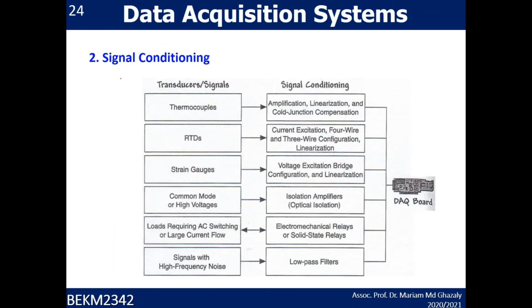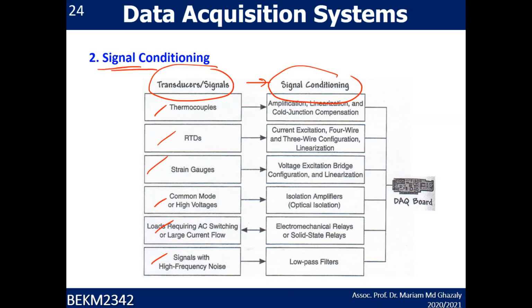The second step is to add the signal conditioning. Let's say you have the transducer or signal at the left side here. All of these are sensors: the thermocouple, RTD, strain gauge. You have common mode or high voltages, the load requiring AC switching, high frequency signals. All of these are transducers. The next step is adding signal conditioning.